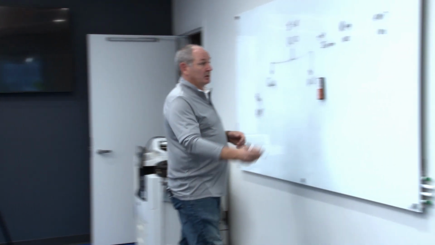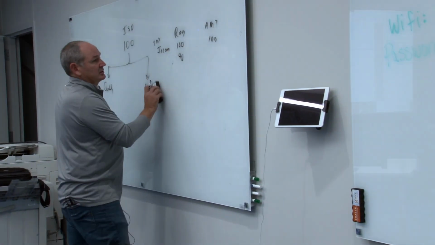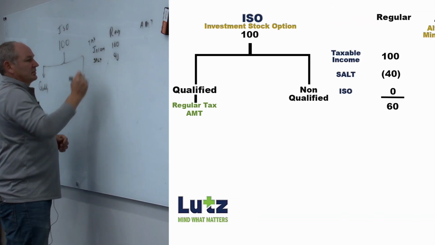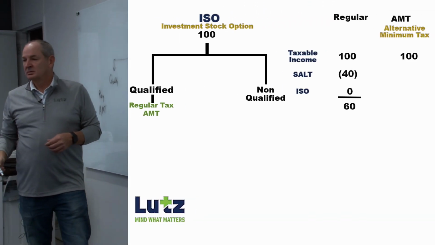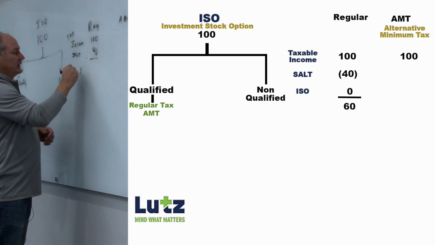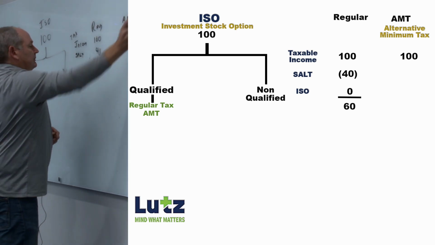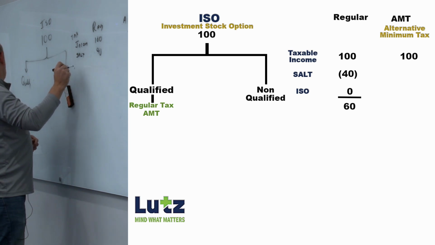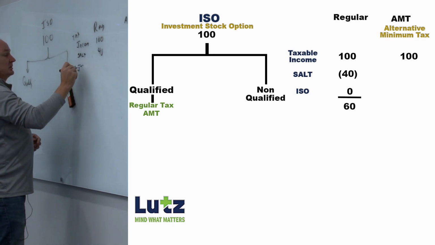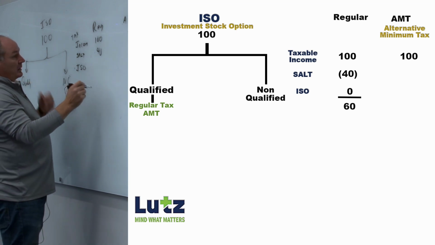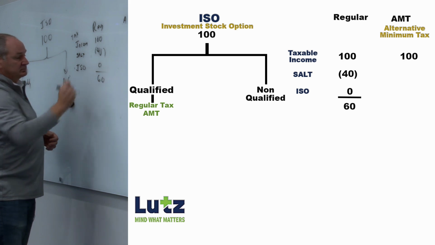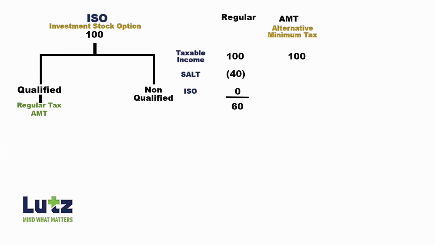So I'm going to revise this. We have state and local deduction because I have a California house. And my taxable income, ISO, my taxable income is 60. So now you have this regular tax calculation.